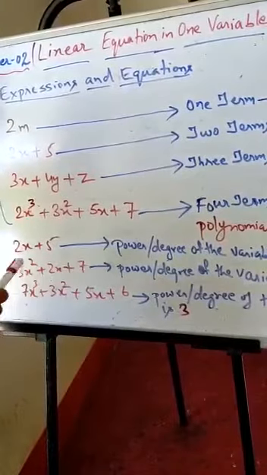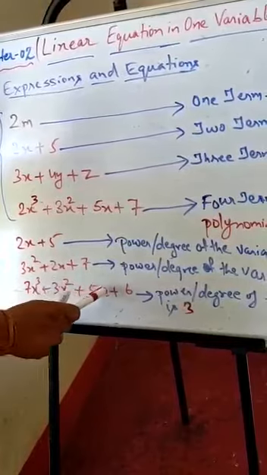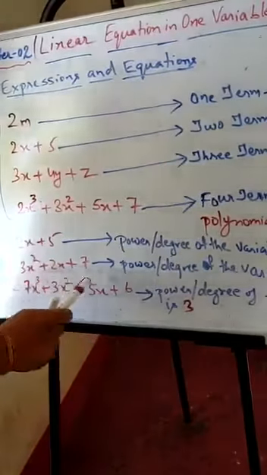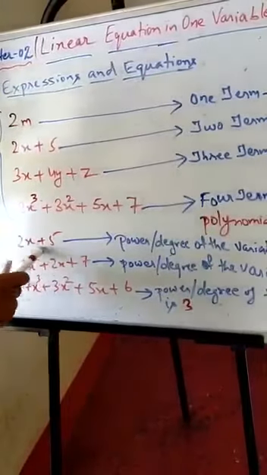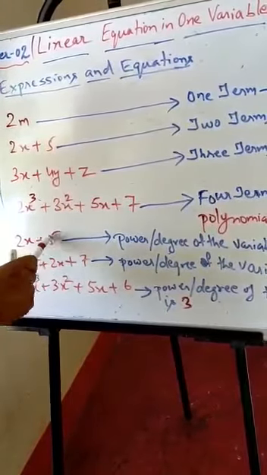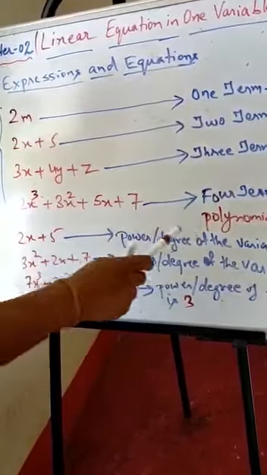Here nothing means 0. Among 1 and 0 the maximum is 1, so the degree of the variable is 1.